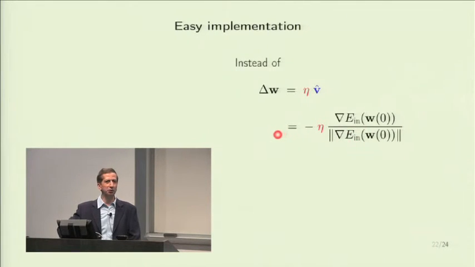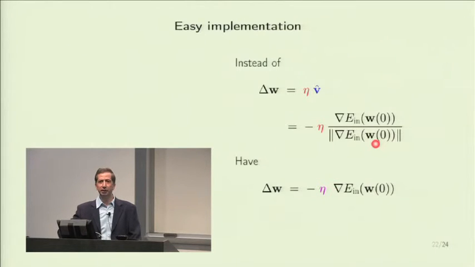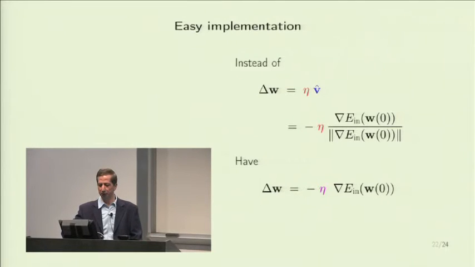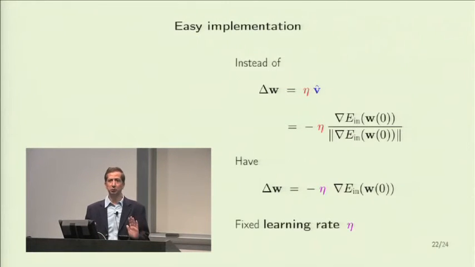If I make eta proportional to the size of the gradient, something will nicely cancel out, and I get another eta, the purple eta, which is the new constant. This term completely canceled out, and I have a very simple formula. Now it's not a fixed step anymore, but a fixed learning rate, with eta now being the learning rate. You just compute the gradient and use that learning rate, and that takes care of the previous observation.